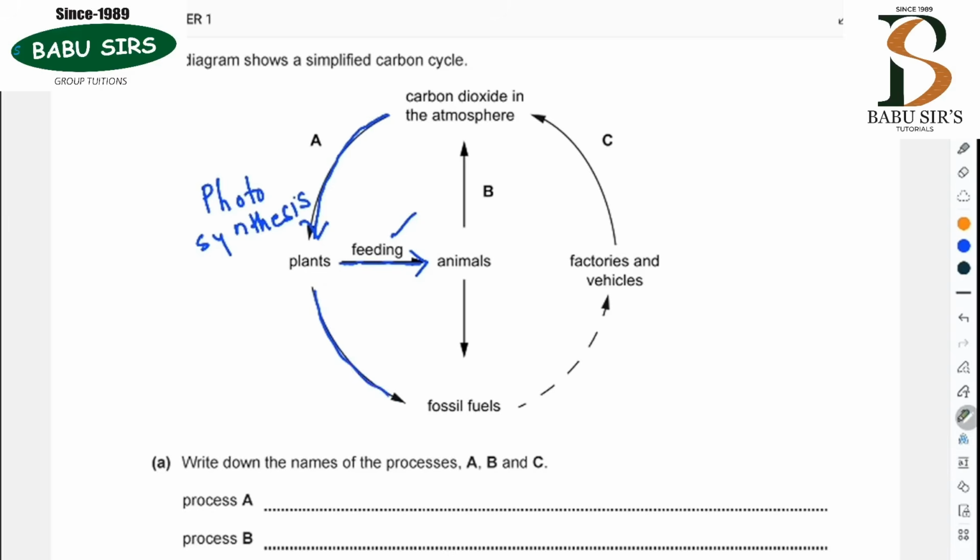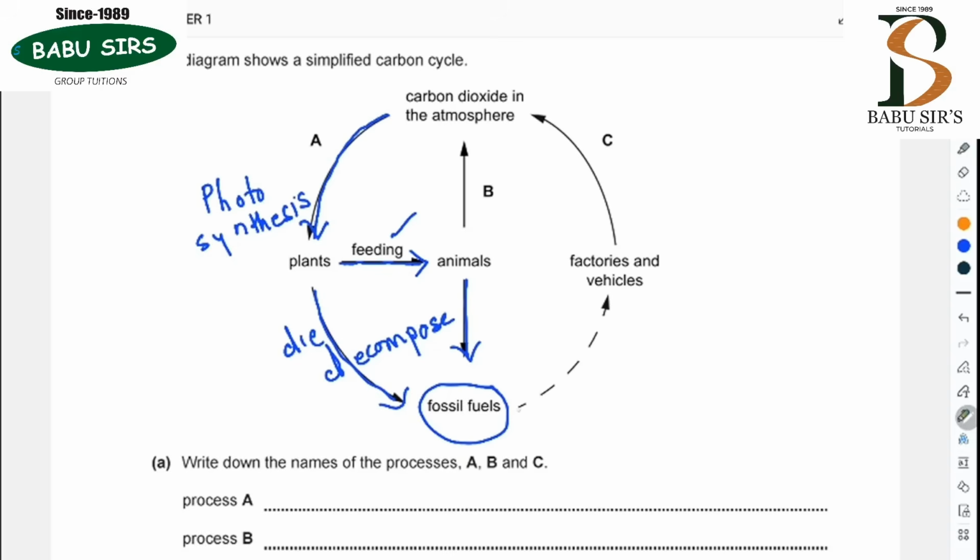Now plant and animal, you can see these two lines. Both will decompose. They will die first and then they will decompose. Animal will also die and decompose. Plant will also die and decompose, and you will get fossil fuels.